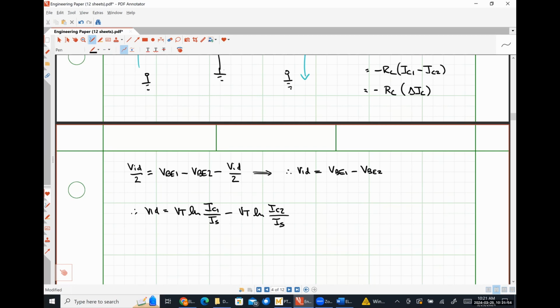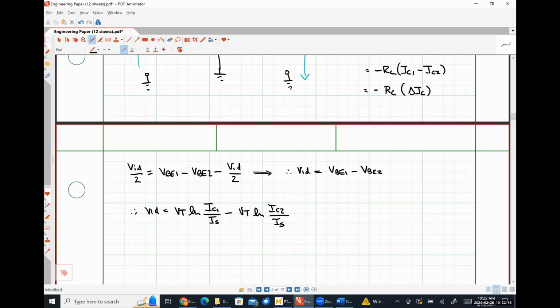What do we know about natural logs and subtracting things? Combine them, right? Absolutely right. So it would be the natural log of this guy divided by this guy. And since we're dividing by this guy, it's the same as multiplying by that reciprocal. So the IS's are going to cancel each other out.